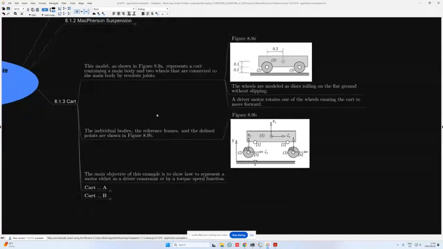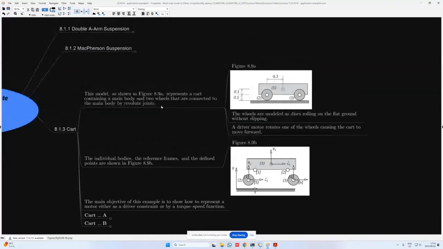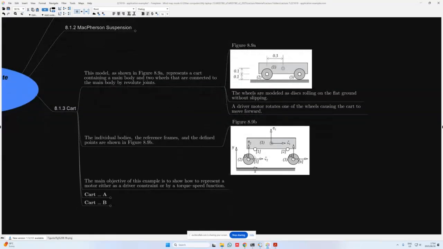Now the individual bodies, the reference frames, and the defined points are then shown in figure 8.9b. And this is similar to what we had for the suspension systems, where we simply break up our assembly into the components and we consider the specific points on each of these bodies. So you'll see on body 1, we have points 1 and 2 defined.